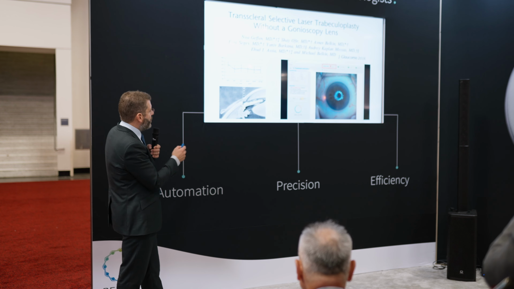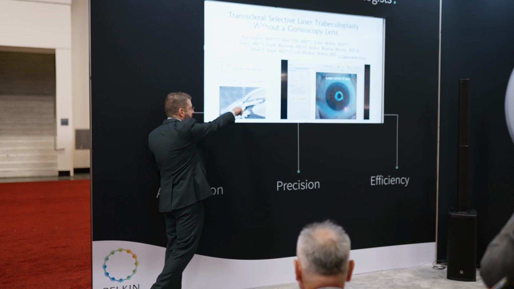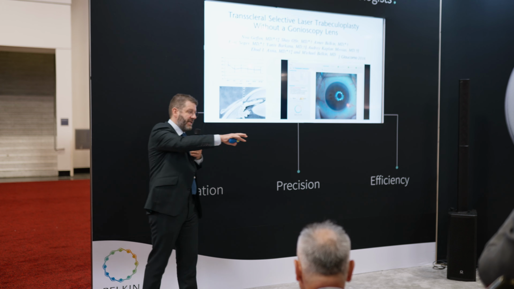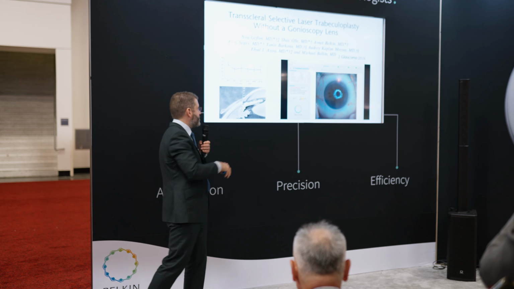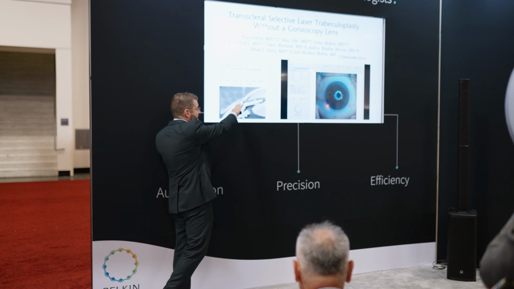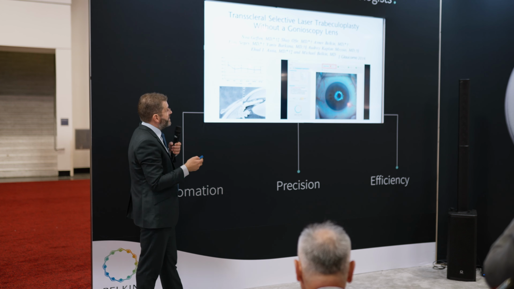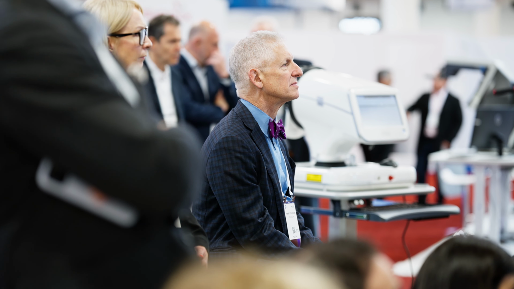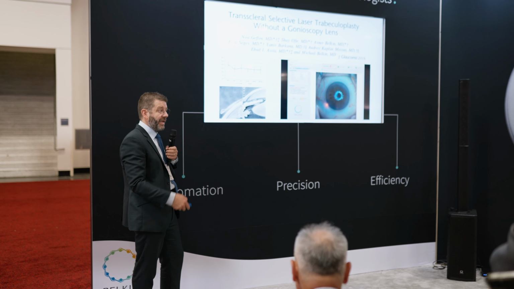And so what he did was to say, well, maybe we can just fire laser directly transsclerally, translimbally into this tissue because of where it sits, easily accessible, and did some proof of concept studies, way before the actual Belkin laser was developed, with a standard laser just firing it through the limbus to see whether it would work, and it did.